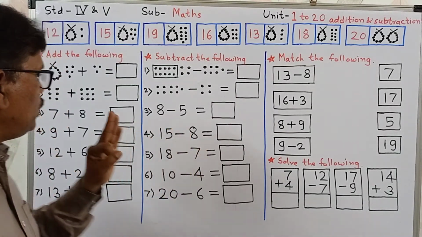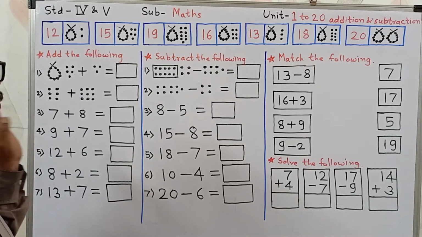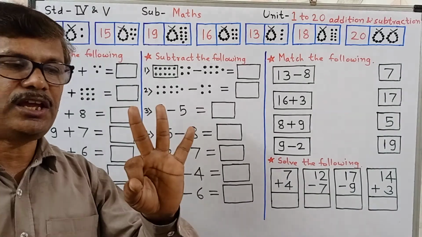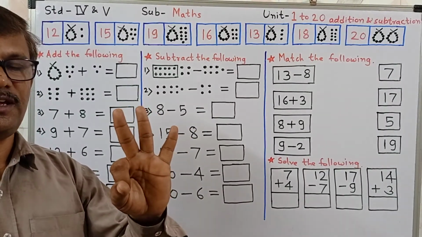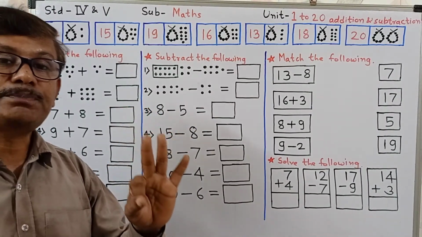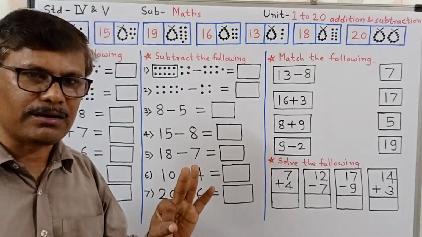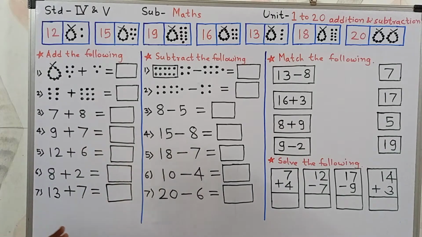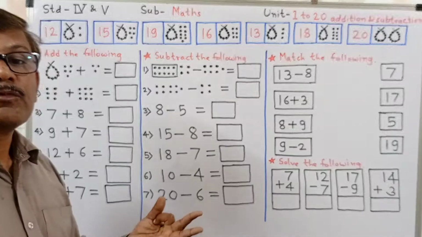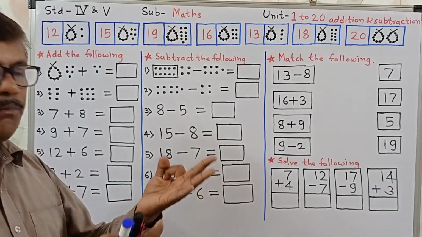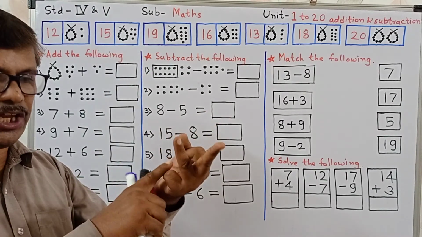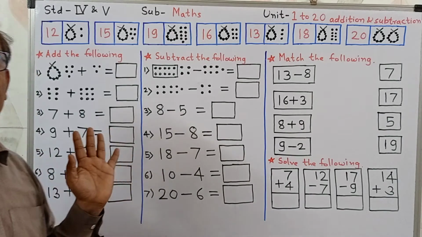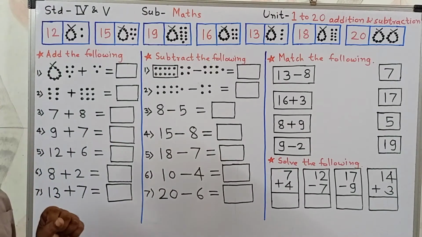Take 3 fingers and count after the bigger number. The bigger number is 15. So count after 15. 15, 16, 17, 18. It is the easy method of addition.